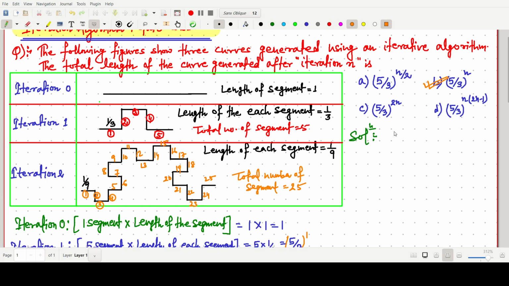So the answer will be option B, 5 by 3 to the power n.